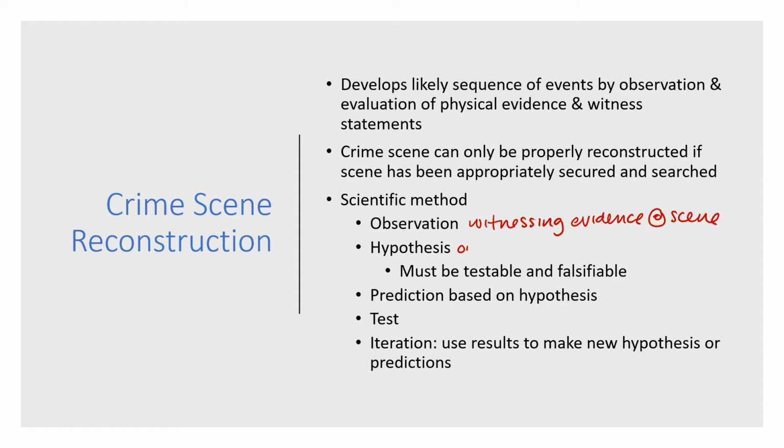This is a one-sentence statement regarding what you think happened. In high school and middle school, oftentimes they say a hypothesis has to be an if-then statement. It does not. A decent hypothesis is just a statement that says, based on what I've observed, this is what I think happened.